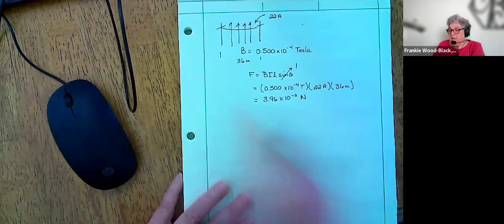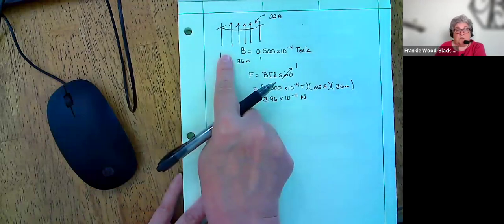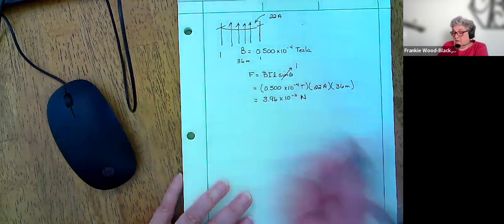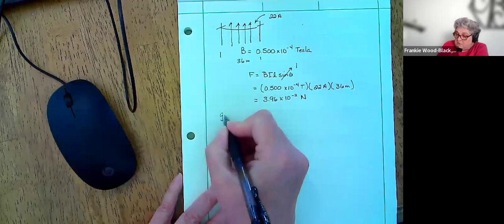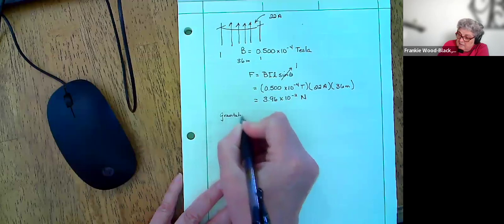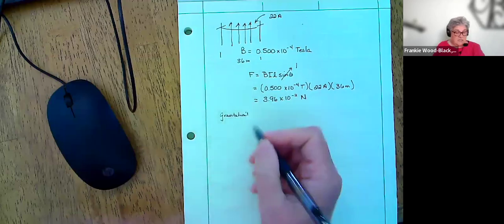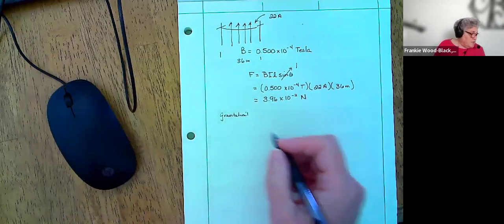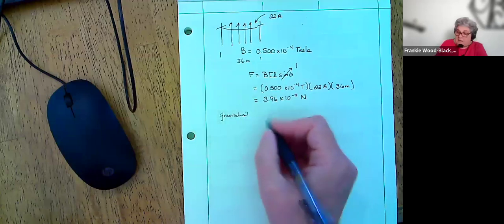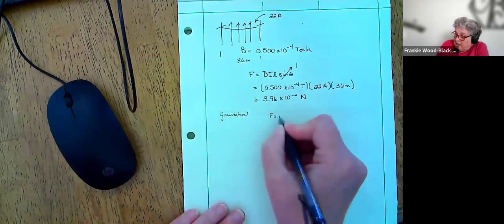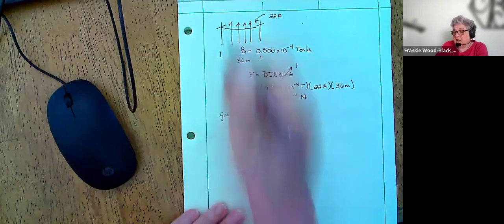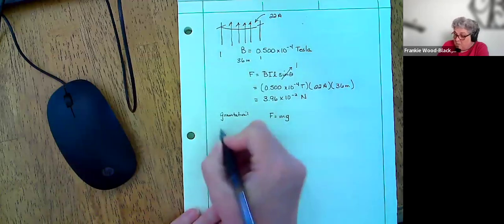Now, we can compare this force with a gravitational force. And if I did that, we're just going to use F is equal to the mass times gravity. I'd have to calculate the mass of my wire.